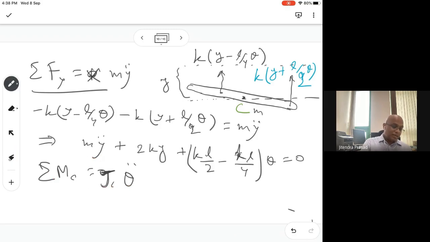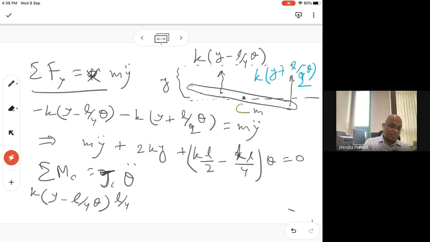Next we have to write the equation, and we have assumed that clockwise will be positive, so accordingly we have to look at it. We see a clockwise moment will be created by this one, and anti-clockwise by this one, so this will be minus. Our equation will be k times (y minus L over 4 theta) multiplied by L over 4.